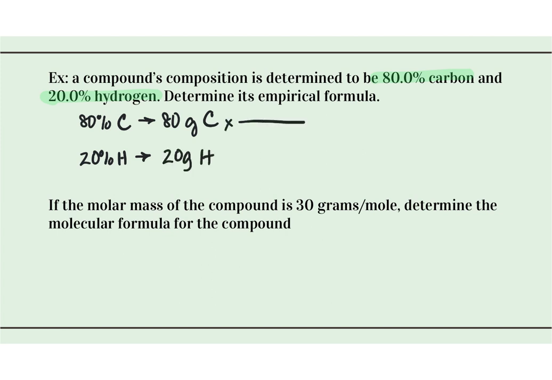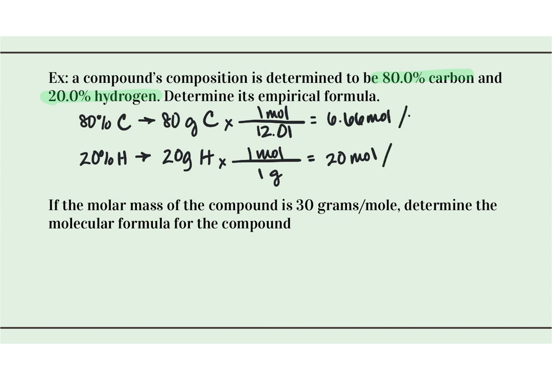Going to convert this into moles, so that's my second step. And I find that I have 6.66 moles of carbon, what a spooky number, and 20 moles of hydrogen. I'm going to divide by the smallest of these two, 6.66, which gives 1 and 3. So my empirical formula is CH3.